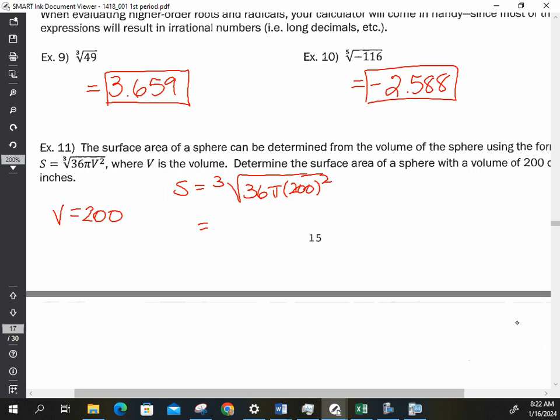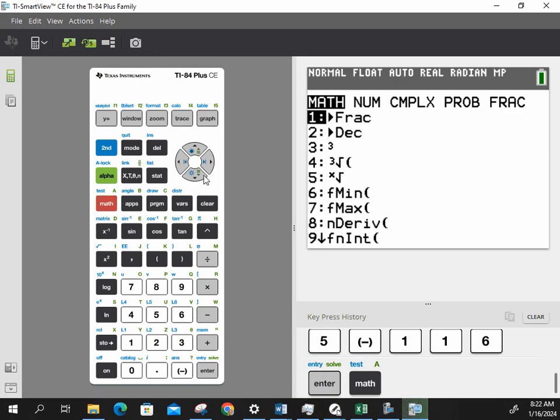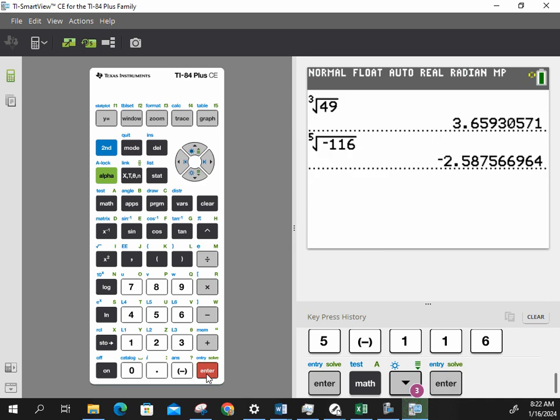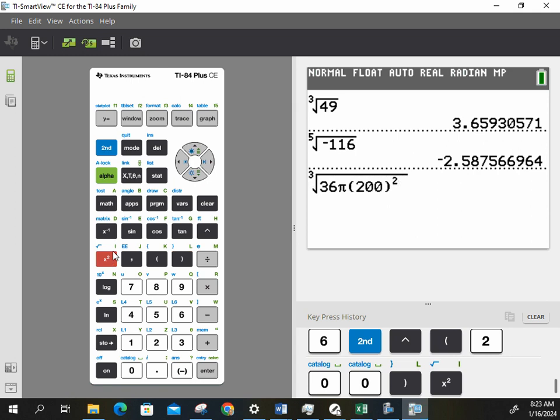So we can essentially throw this all in the calculator and let it do the work. So let's go to the calculator. Math. Cube root. 36 times second, up arrow to get the pi. Parentheses. 200 squared. Notice that I literally threw everything into the calculator.